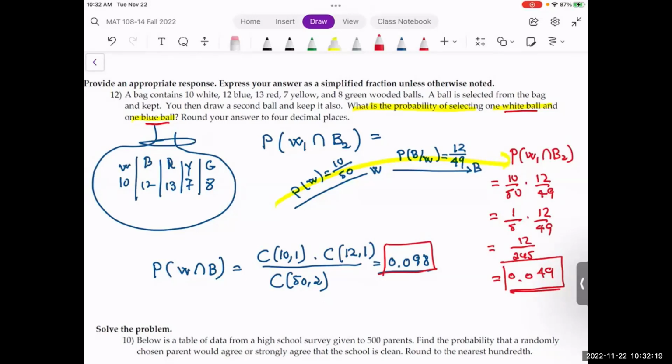You got it? They have both of them. So again, I don't know which one of them. What do you have on the answer sheet, guys? 0.49. So definitely then they ask for the first one white and the second one blue. Again, during the exam, if you are not sure, ask. All right, we got it.